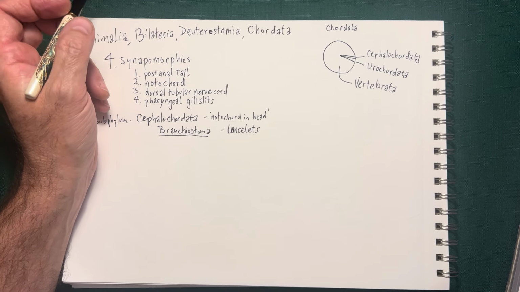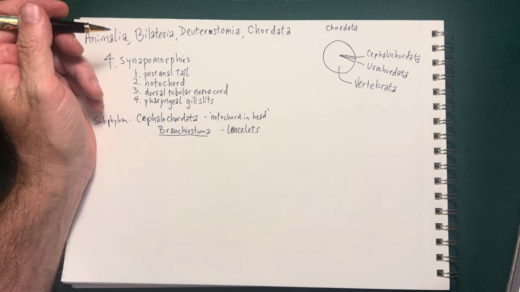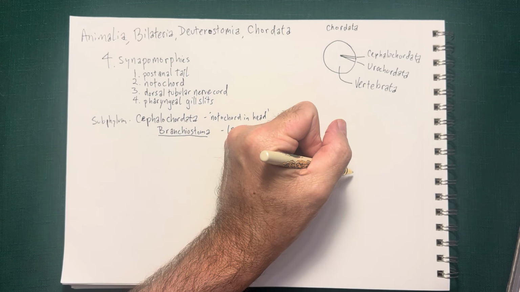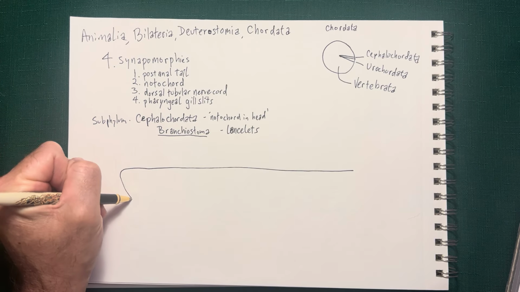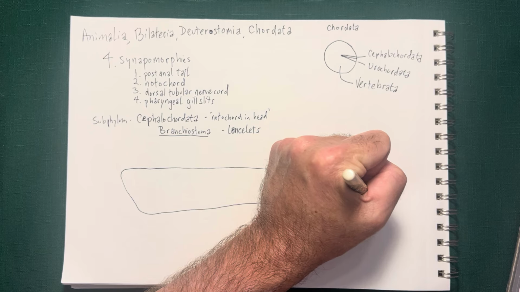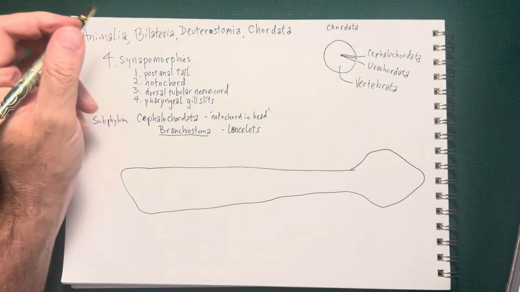These are relatively small fish that have no fins. They look kind of fish-like. And, well, they're relatively small, just a few centimeters long. And we're going to draw one here. Kind of the post-anal tail is kind of diamond shaped.